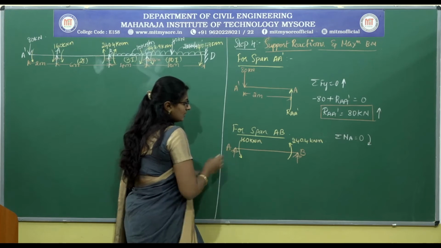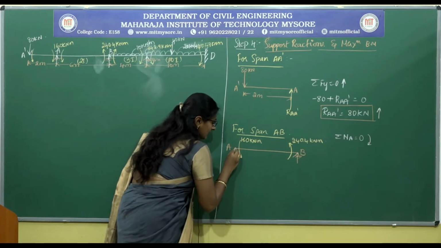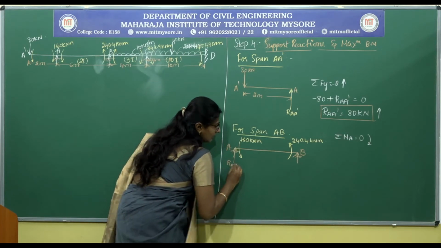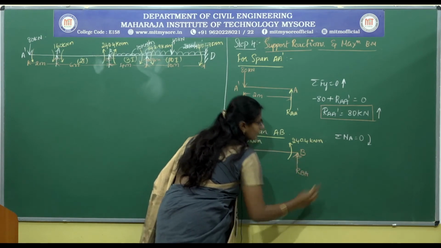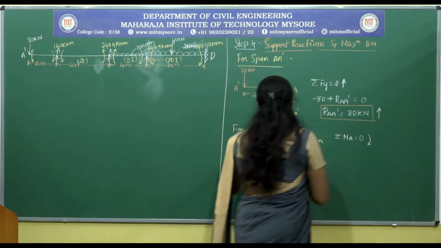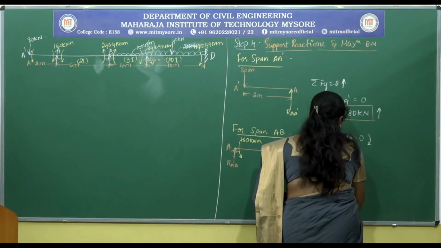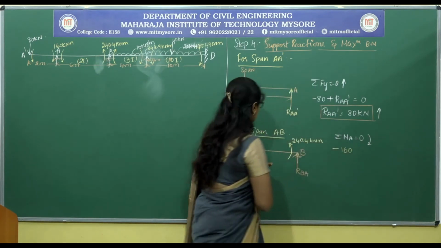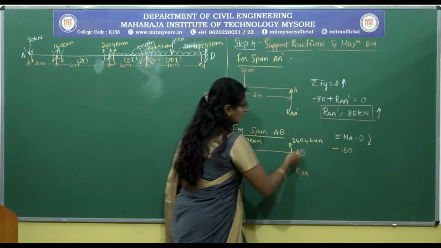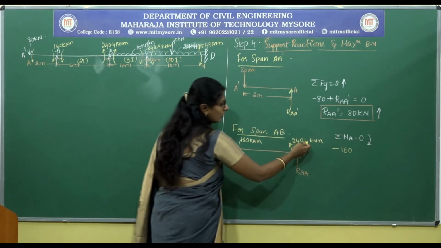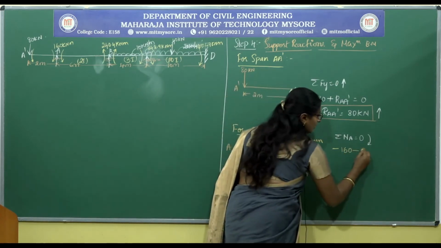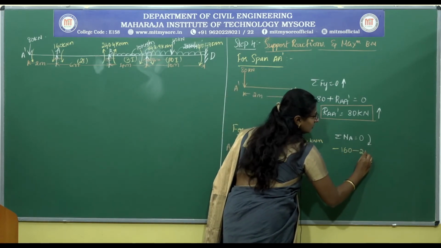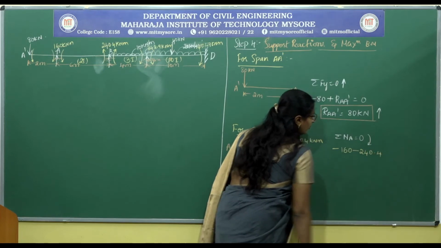The loads acting here are RAB and RBA. This 160 is acting in the anti-clockwise direction, so I consider it as negative, and this 240.4 at B is again acting in the anti-clockwise direction, minus 240.4.